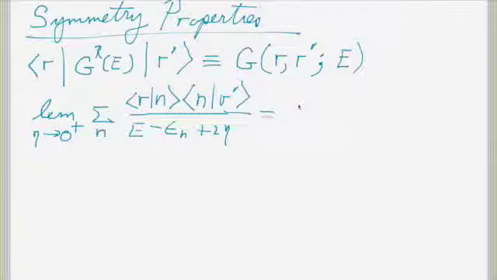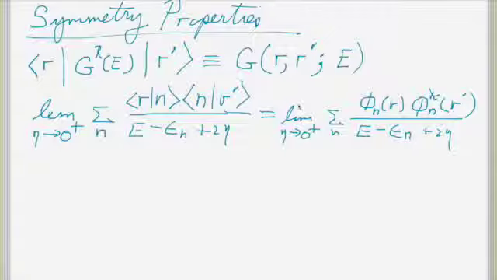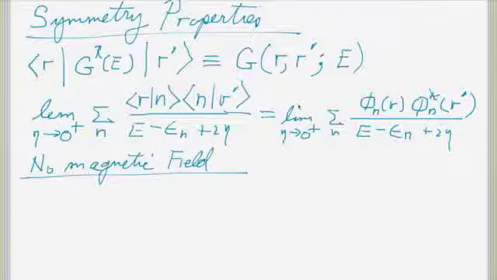And just to make it perfectly clear, that's the limit, where these phi's are the eigenfunctions of the Hamiltonian H. This is the standard eigenfunction expansion that you see in any textbook when they first start discussing green functions. It's a classic form for the green function. So first let's consider no magnetic fields, and so you have time reversal symmetry.